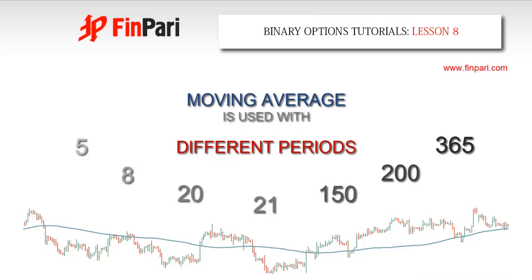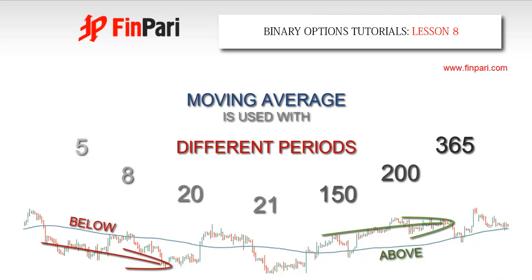For example, the moving average with a period of 21 displays the average price for the last 21 candles. It is considered that if the candles are above the moving average, we are witnessing an uptrend. If the price is below the moving average, then it's a downtrend. At the same time, a higher moving average period indicates higher significance of the trend in the long term.